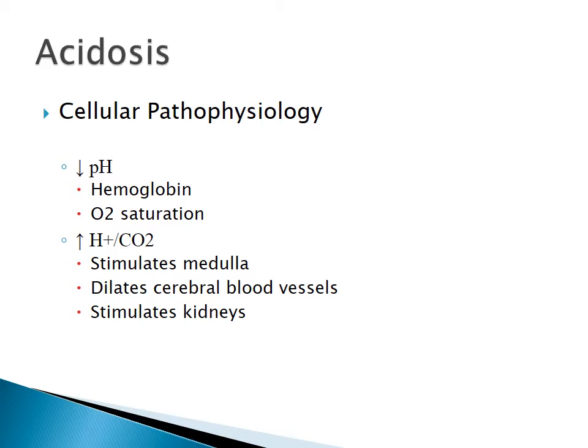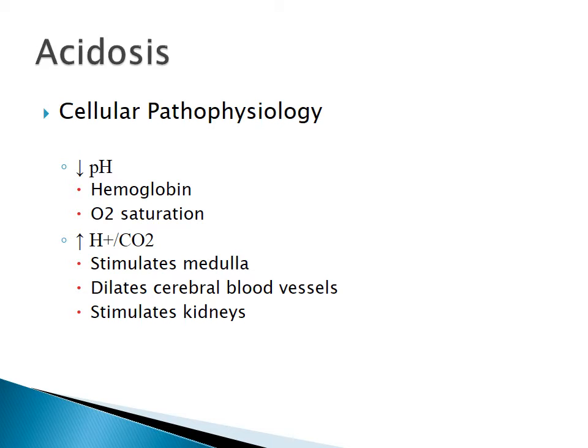That's a great thing to happen, because now our pH is going to increase, but we've just lost oxygen off of that hemoglobin, and so our O2 sats are going to go down. This is not good.